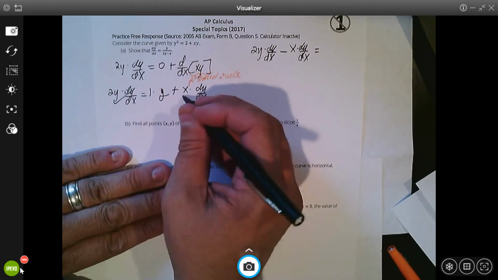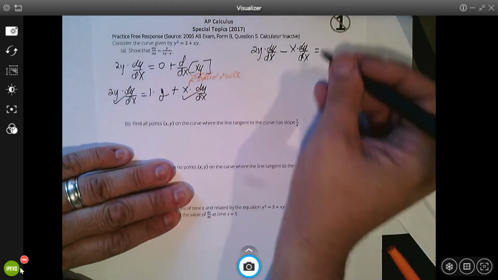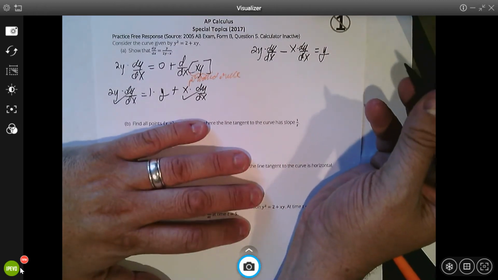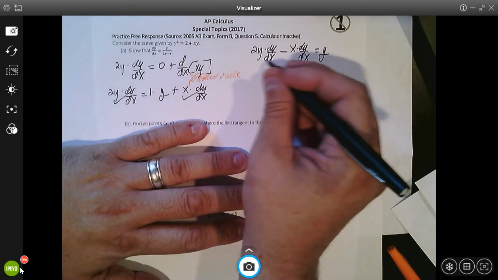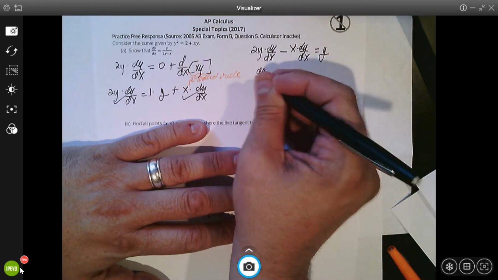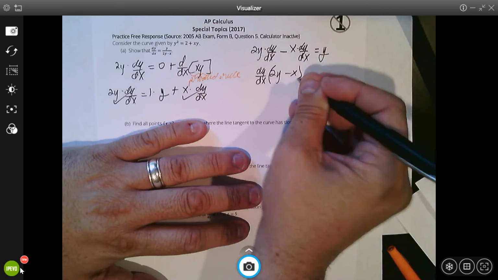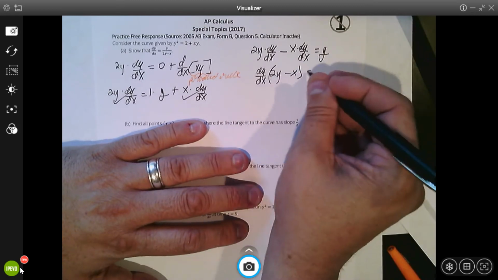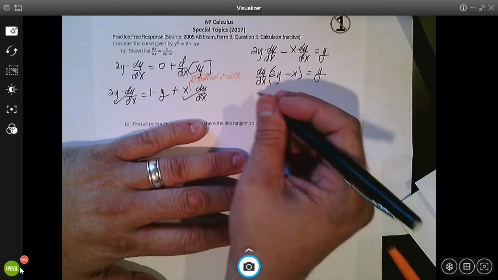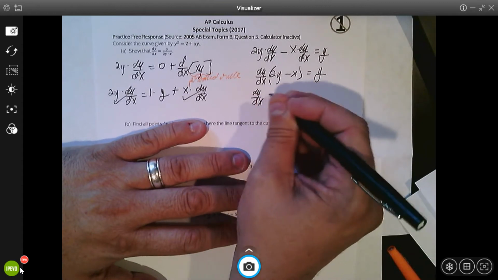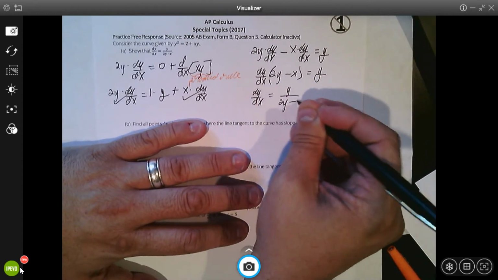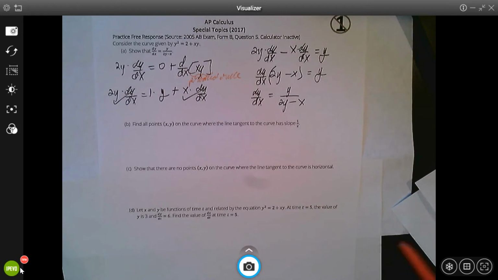I took care of this term, I moved that term to the other side. That's equal to y. Again, you move the terms that have a dy/dx to the same side so you can factor out the dy/dx. dy/dx times (2y minus x) equals y. Solve for dy/dx through a division move here: y over 2y minus x.